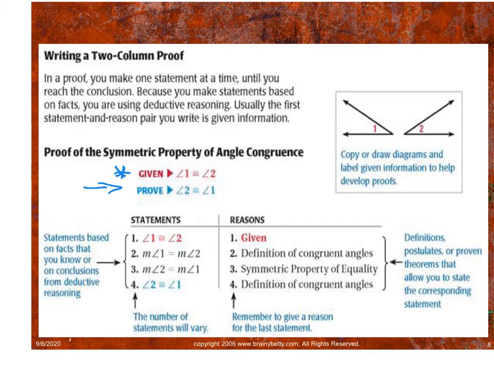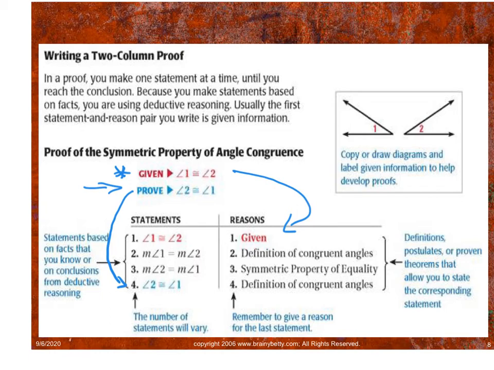Remember that I would always, don't leave anything behind, always put the given as step number 1. Then what you're trying to prove is always going to be the last statement. Again, you get points just for putting that in there. Whether or not you come up with the right reason, that remains to be seen. Now, the number of statements that you come up with could be different for everybody.